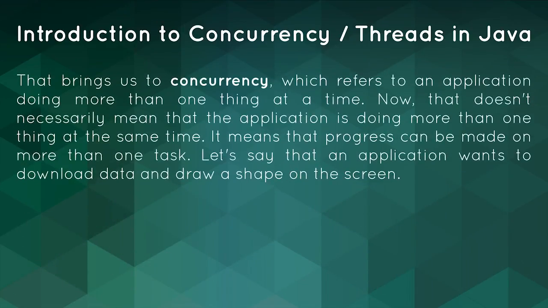That now brings us to concurrency, which refers to an application doing more than one thing at a time. Now, that doesn't necessarily mean that the application is doing more than one thing at the same time. What it means is that progress can be made on more than one task. Let's say that an application wants to download data and draw a shape on the screen.